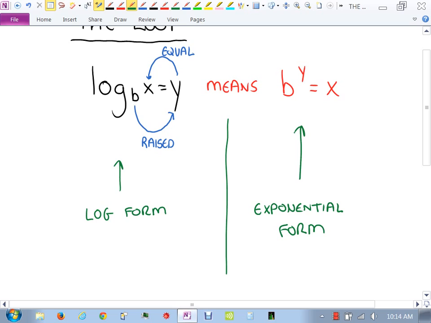If somebody writes something down and it has logs in it, like this over here on the left, you can switch it over to exponential form by using the loop. If somebody gives you something in exponential form, you can always switch it over to something in log form. They can always be manipulated back and forth from one to the other. Which we'll practice in a moment, but I just want to put that on the page now.